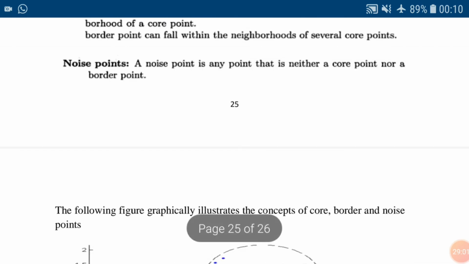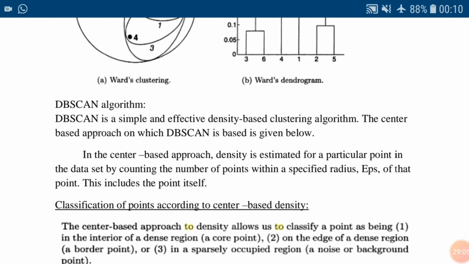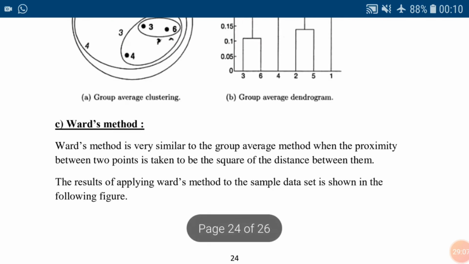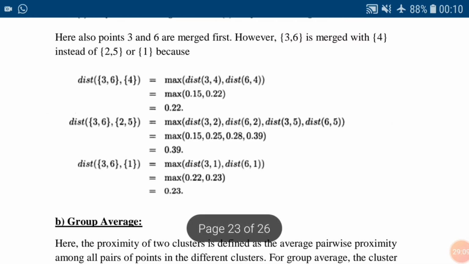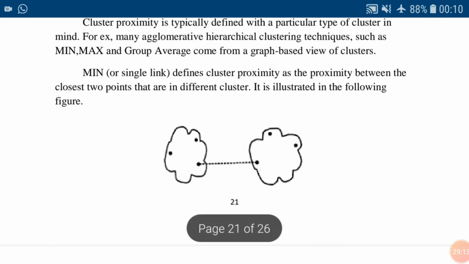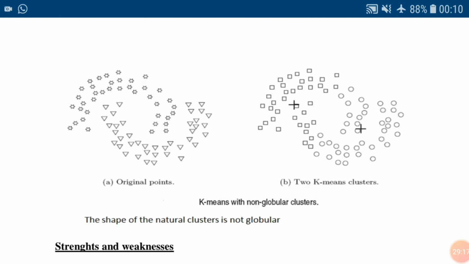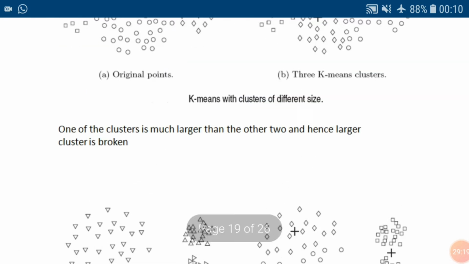So the DBSCAN algorithm is in one class, the agglomerative hierarchical clustering algorithm in another, and the entire k-means algorithm in one class.